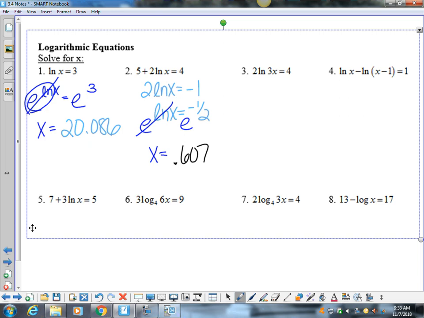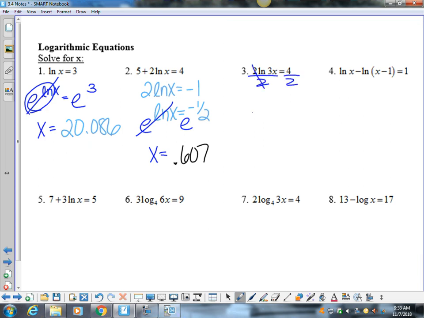So if the 4 had issues over there and I didn't want to divide by 2, I could make that ln of 9x squared and solve it that way. It would be totally fine. But I can divide by 2. That's very easy. But why do you think I'm pointing that out? It's going to happen.